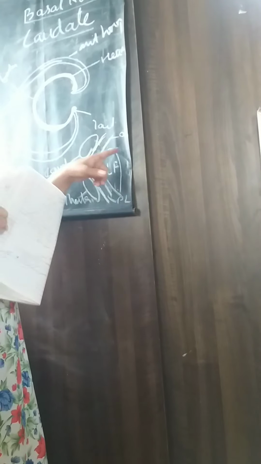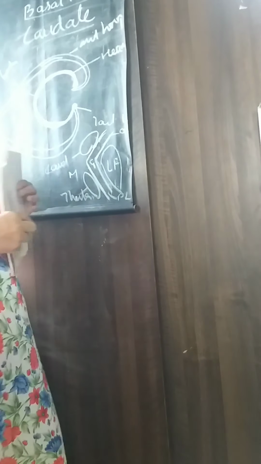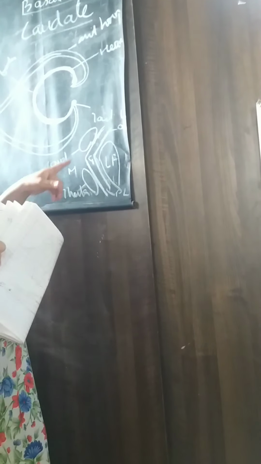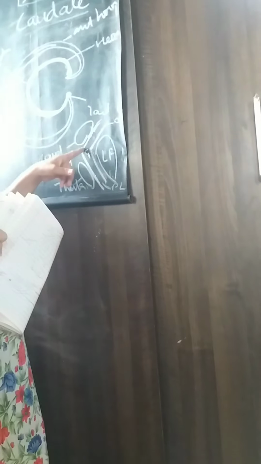So see, this is the lateral part, this is the medial part. The lateral part is formed by the lentiform nucleus. The medial wall of the anterior limb is formed by the head of the caudate nucleus.